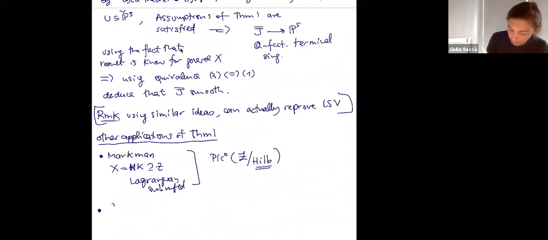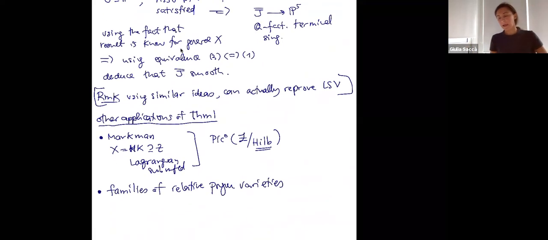Other examples are families of relative Prym varieties. And again, I don't want to enter the details, but here what you get is usually things that are Q-factorial terminal symplectic without symplectic resolution, non-smooth examples.